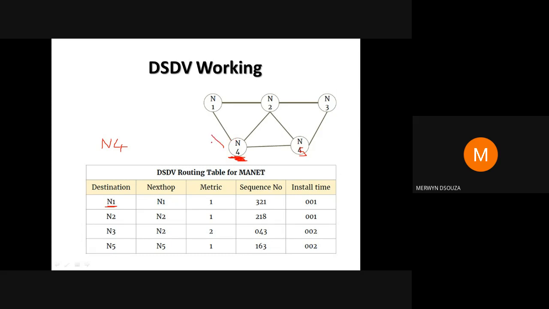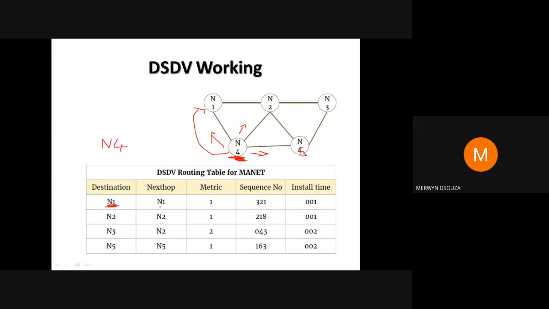It decides which is the direction. There are many directions it can send the packets, so it has to decide for N1 in which direction the packet has to be sent. It knows that for N1 it has to send the packet to this node, that is, this has to be the next node, and that is the proper direction for the packet to reach the destination, N1.